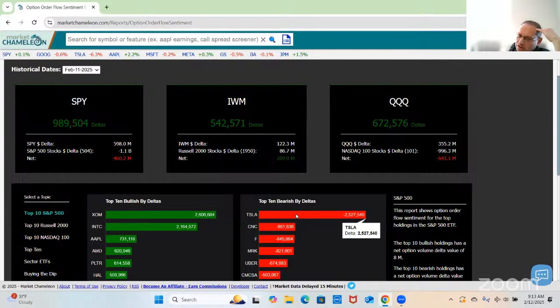Well, you can't really combine the deltas in a straight mathematical addition, because the stock prices are different. So a million deltas in, say, a $1 stock or $10 stock is different than a million deltas in a $500 stock, because of the notional value.